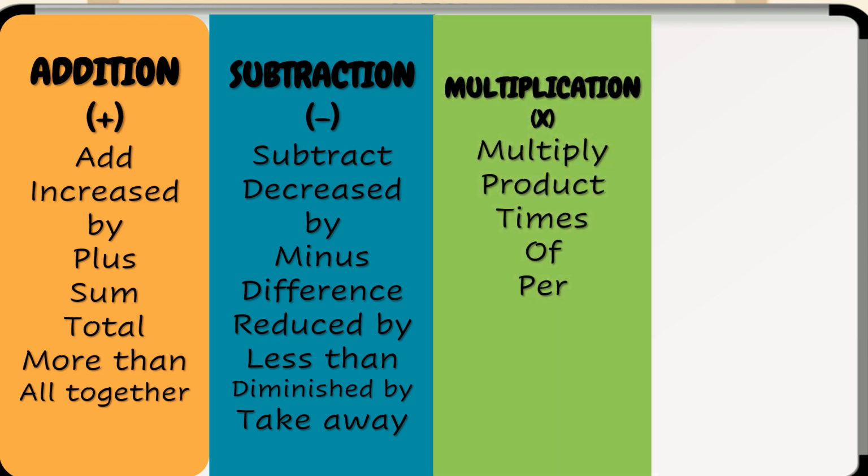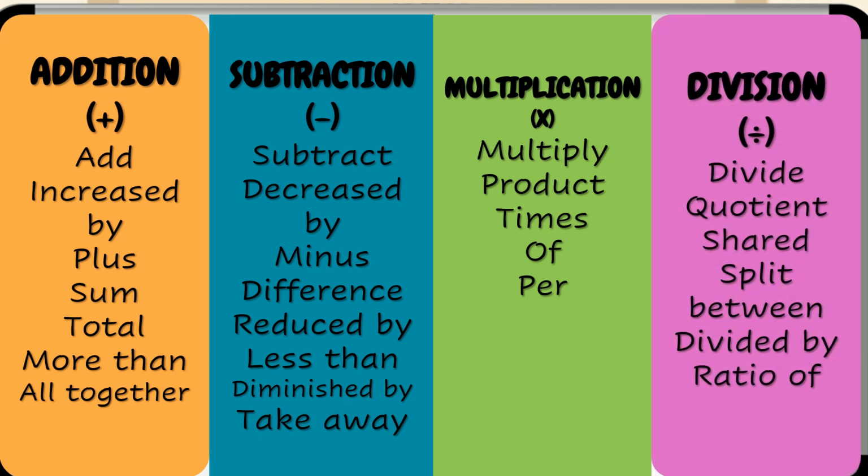For multiplication, we have multiply, product, times, of, and per. And lastly, for division, we have divide, quotient, shared, split between, divided by, and ratio of.